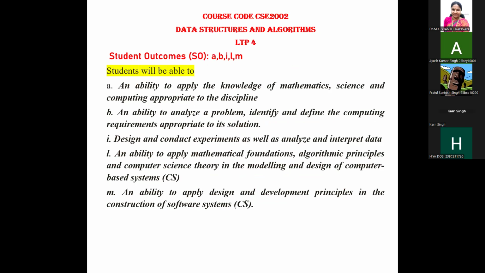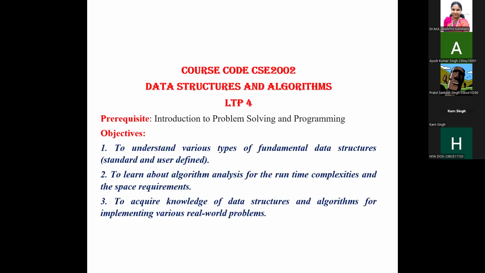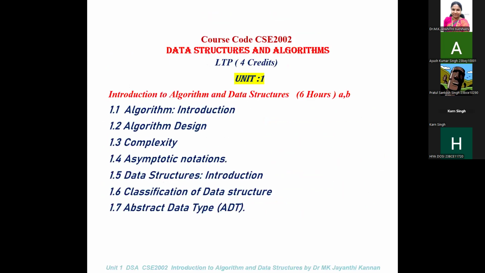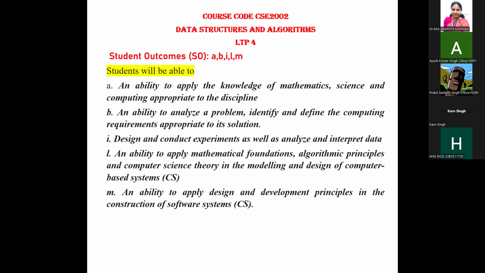Any subject you study, you can find the syllabus will contain the prerequisite. Every subject has a subject code, it has a subject name, LTP, whether L or LT or LTP, 2 credit, 1 credit, 4 credit, and every subject has the prerequisite, course objectives, expected outcomes, student outcomes. So what is this COPO mapping, program specific outcomes, program outcomes?